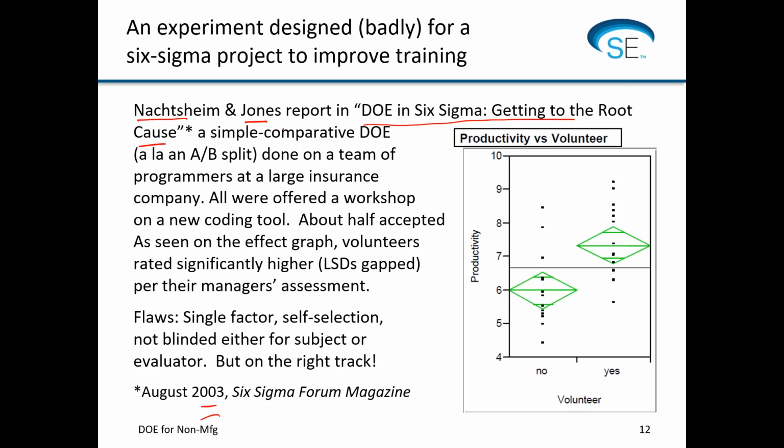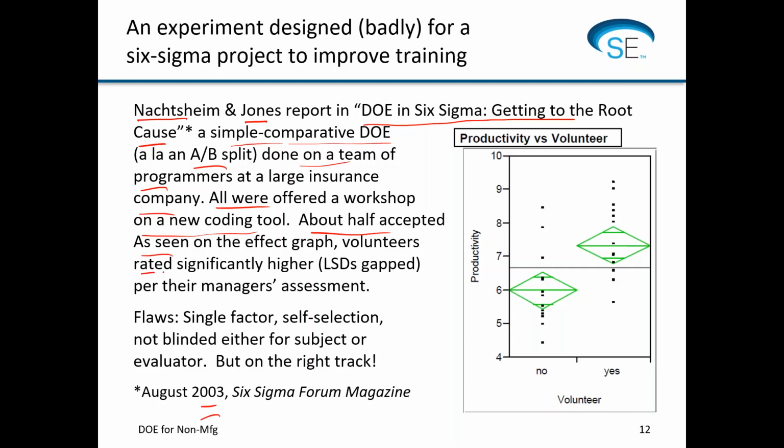They put out an example of a simple comparative DOE, which is like an A-B split, better than nothing, that was done on a team of programmers at a large insurance company. All the programmers were offered a workshop on a new coding tool. I think it was object-oriented programming, and half accepted, and then they were rated by their managers.